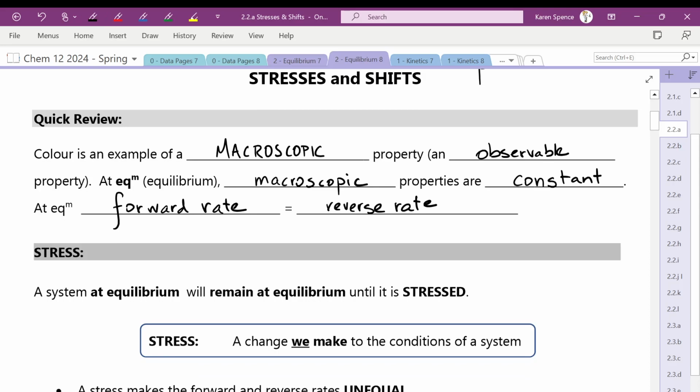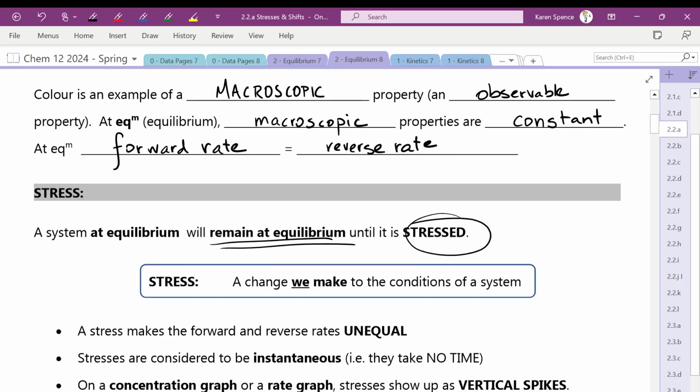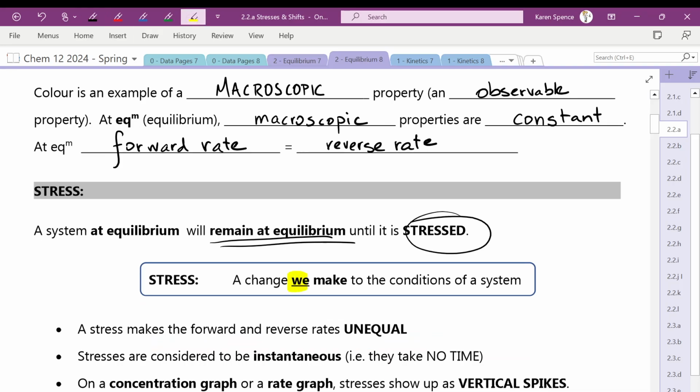All right. Now, a system at equilibrium will remain at equilibrium until it is stressed. And a stress, remember, is a change that we make to an equilibrium, and that's a change that makes the rates unequal.